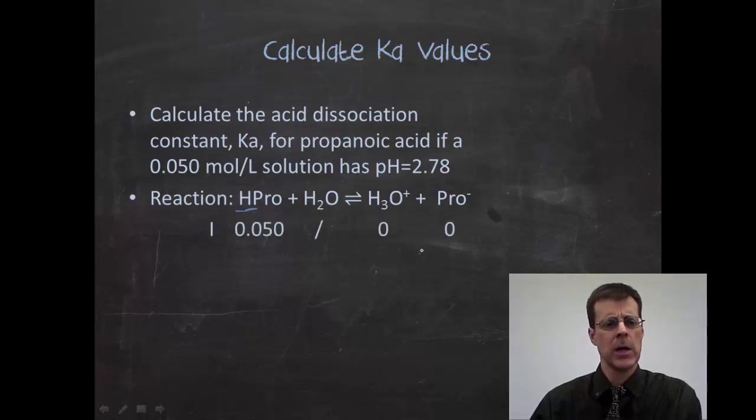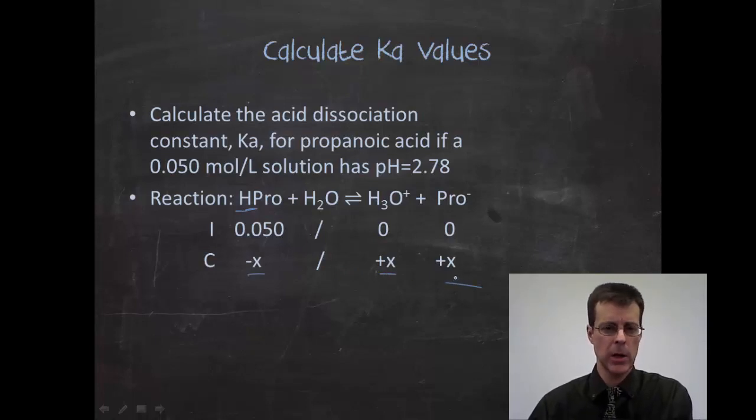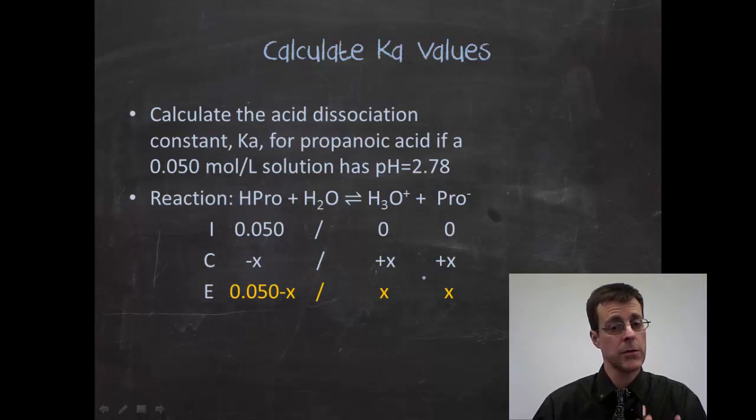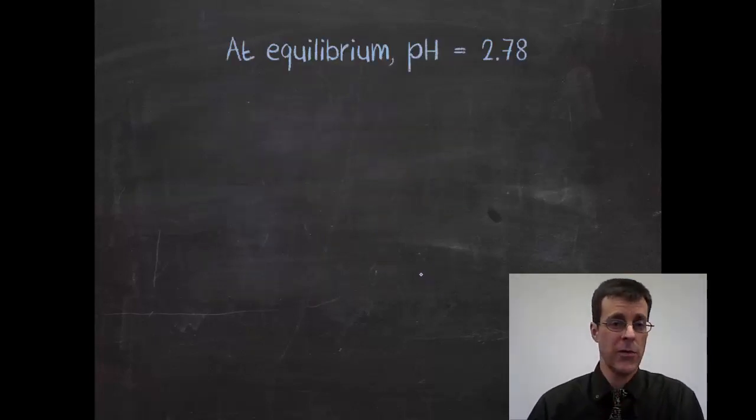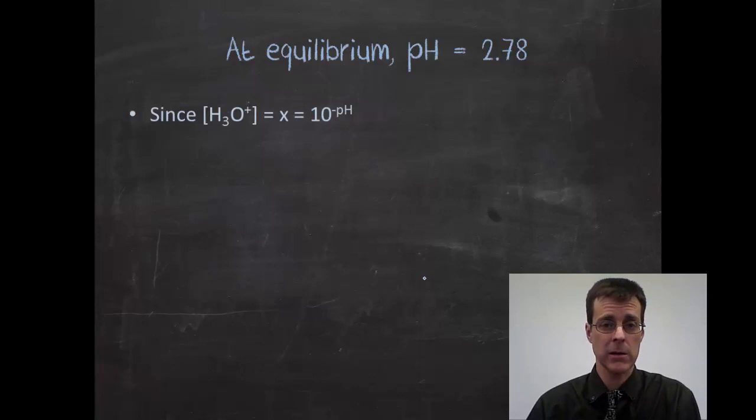Ice table. Okay, so as the acid dissociates, some of this disappears and I increase the concentration of hydronium and propanoate ion. So at equilibrium I have those concentrations. Those are the concentrations that are important. But I also know that at equilibrium the pH is 2.78, which means I have a way to calculate one of the equilibrium concentrations.